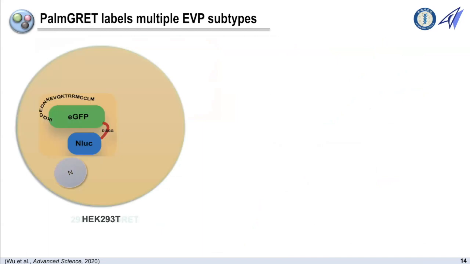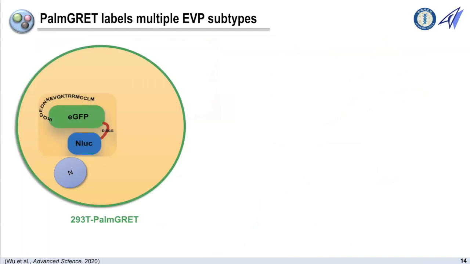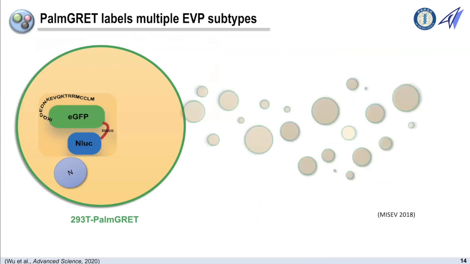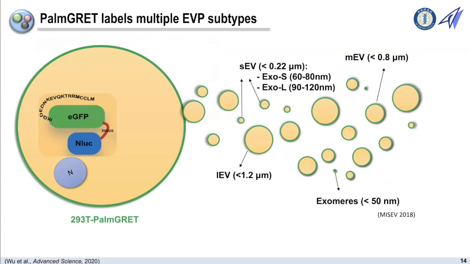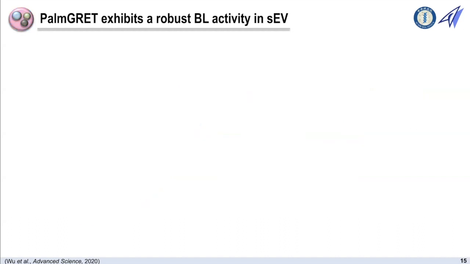So here, after we transduced 293T cells to stably express PalmGRET, and based on the MISEV definition, we want to label the small vesicles, medium vesicles, large vesicles, and the recent subpopulations reported by David Lyden's group, which are exo-small, exo-large, and exomeres, more separated from the small vesicles.